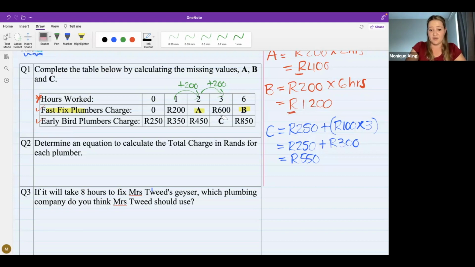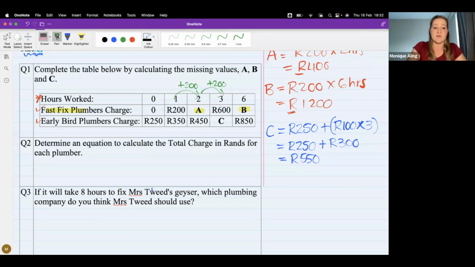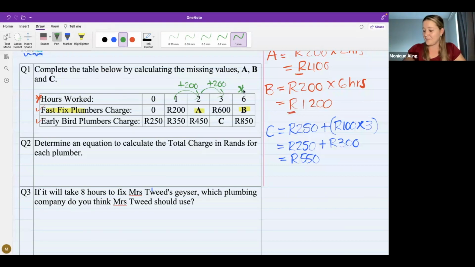So it does not go up by 200 Rand. So here is where we would encounter a problem, and that's why we need a formula. Okay, then if we look at early bird plumbers, it started at 250, but then it's increased by 100 Rand each time. So yes, that answer is perfect.